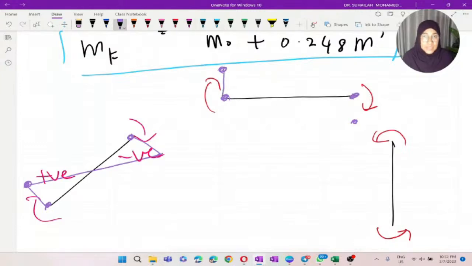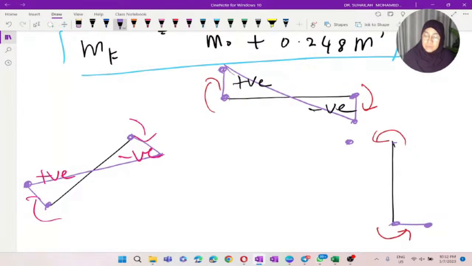There is no UDL or point load, so we just need to join this. This one is positive, this is negative. For member CD, from the arrow, this is the position. 0, 0. Then we just need to join this. So the value is negative and positive.